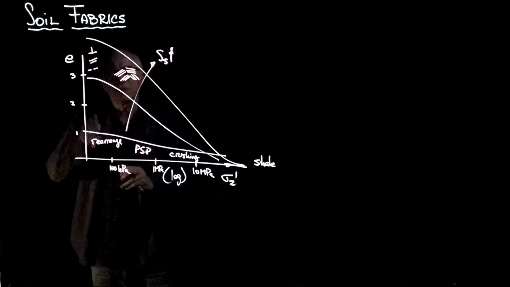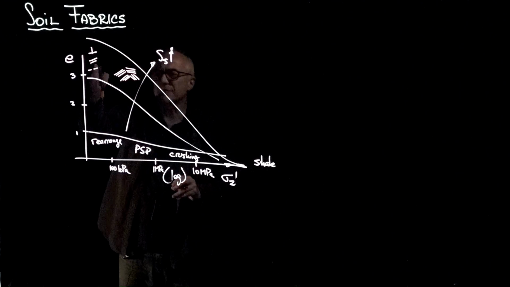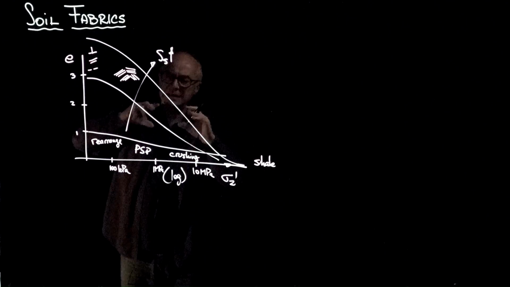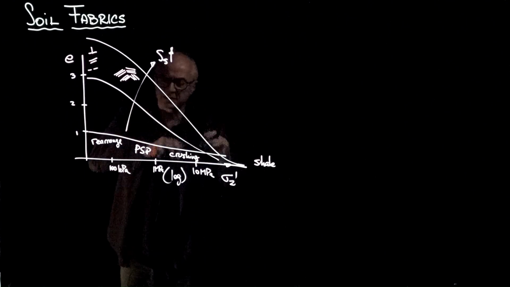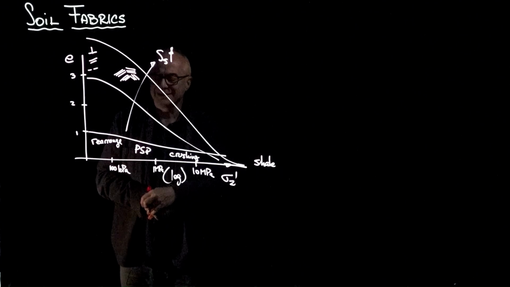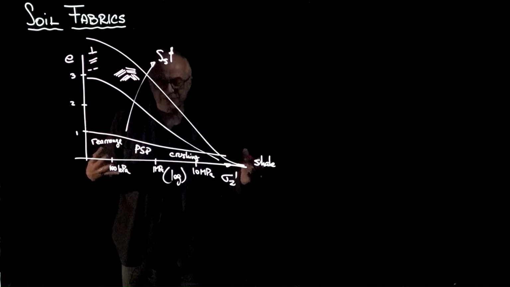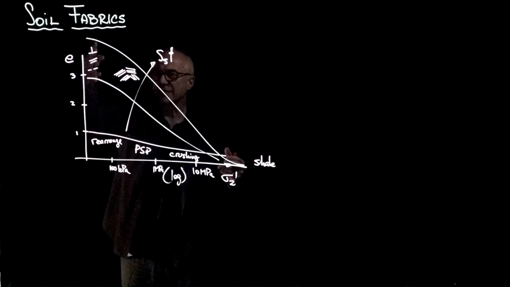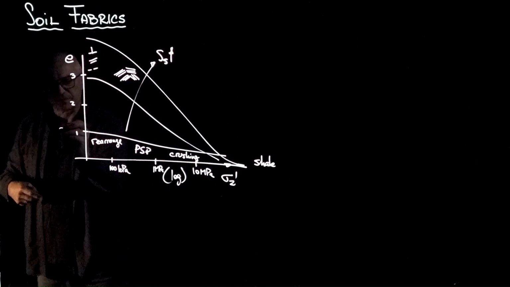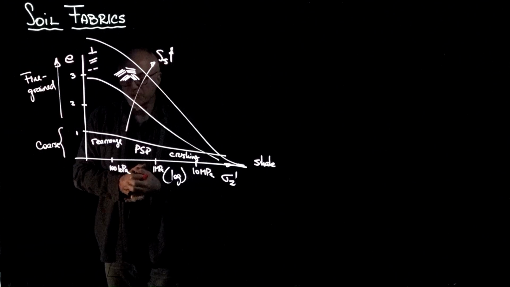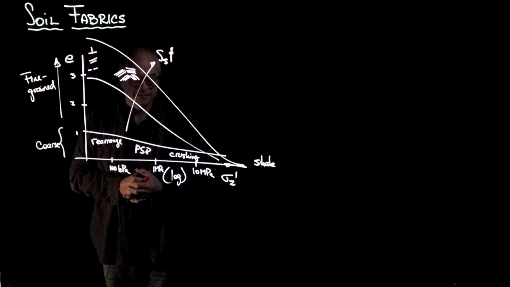Those initial self-assembly fabrics evolve to form tactoids, and you can see these bunches of particles behaving together. This is one of the most significant differences between coarse grain and fine grain sediments: the evolution of their packing with effective stress.